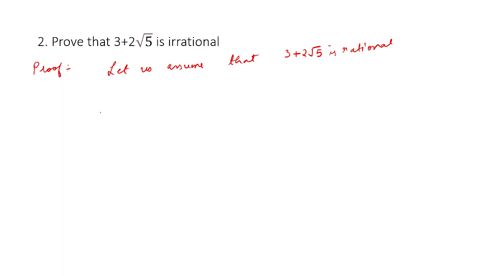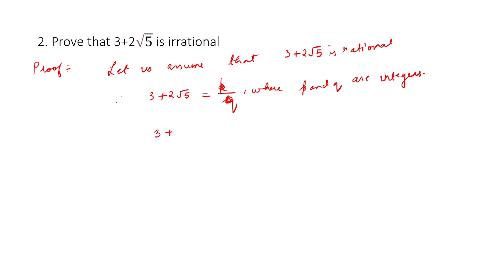Therefore 3 plus 2 root 5 must be equal to p by q, where p and q are integers.